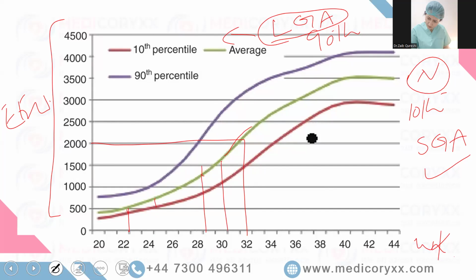So for example, if our parameters are falling below all these things, then we are going to label them as 10th centile. I hope now it is going to make some sense, right? So anything which is going above the preset standard is going to be large for gestational age. Clear everyone? Now I hope the things are going to be easy.